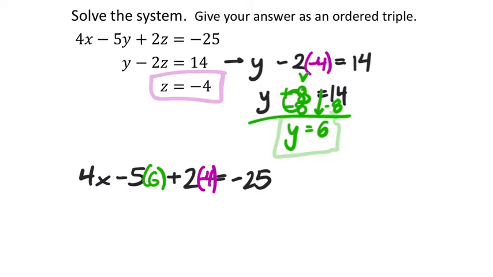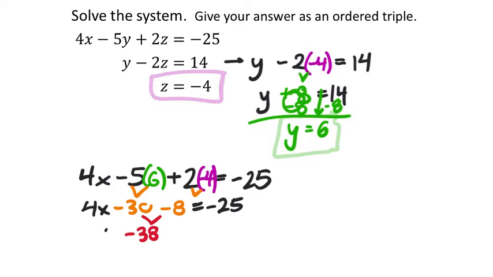All right, let's solve this. So negative 5 times 6 is negative 30. 2 times negative 4 is negative 8. So now I've got 4x minus 30 minus 8 equals negative 25. Combine like terms. Negative 30 minus 8 would be negative 38. So now we've got 4x minus 38 equals negative 25.